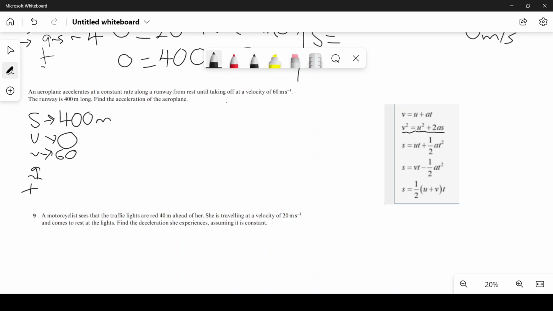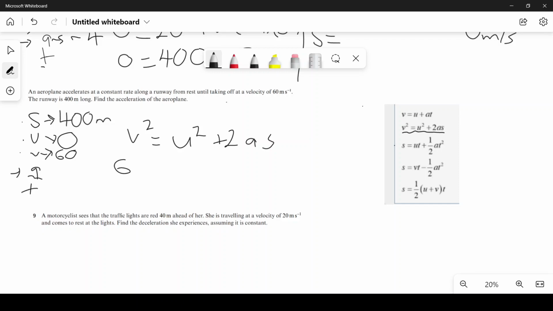So it seems we're using the exact same equation we've used the whole time: v squared equals u squared plus 2as. We're going to use the other equations maybe later. Because we've got s, we've got u, we've got v, and we're looking for the acceleration.